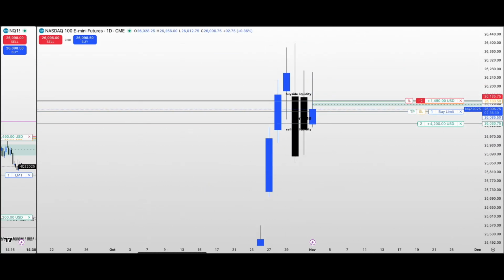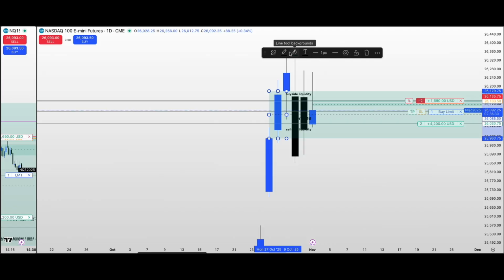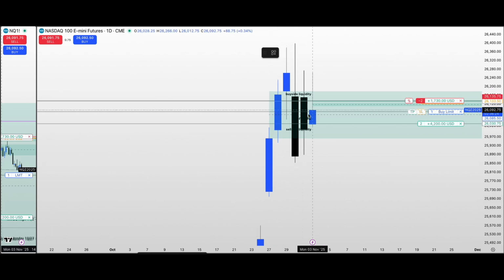We have this suspension block on the daily chart here as well. I don't want to draw it all out, but I'm trying to keep my charts as clean as possible. But I'll do an annotation here.